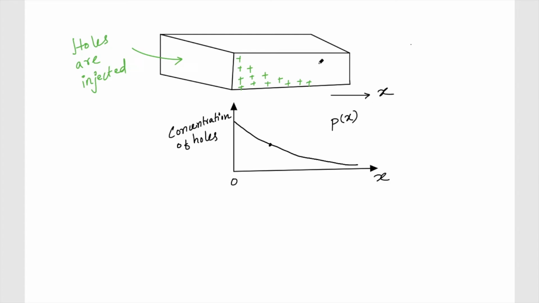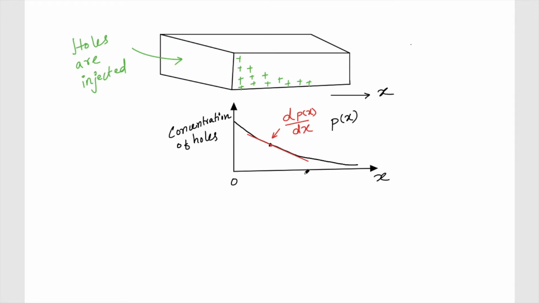So I can draw this gradient or slope at this point, and the current will be directly proportional to this slope. The slope is given by dp(x) by dx.